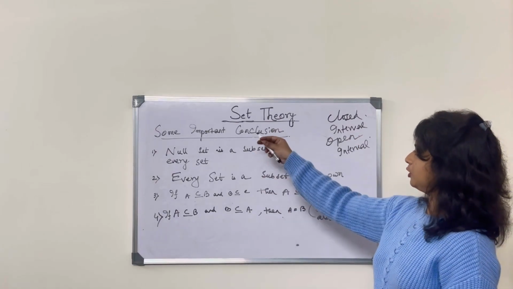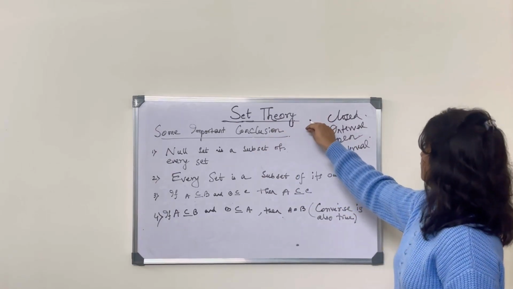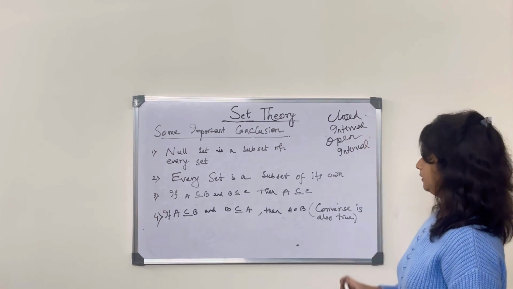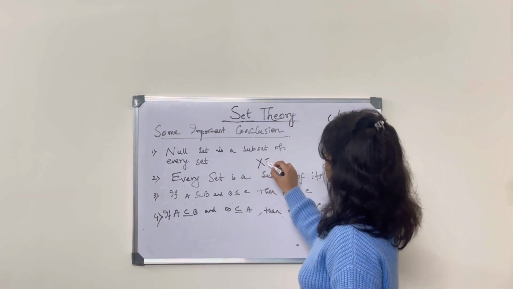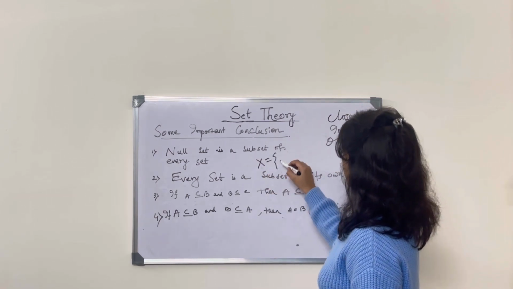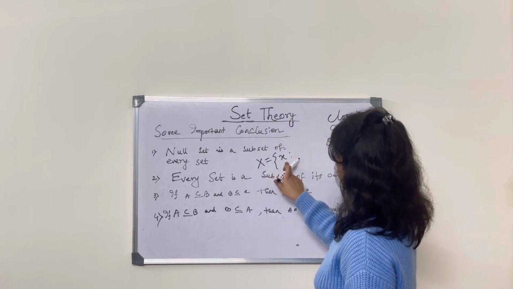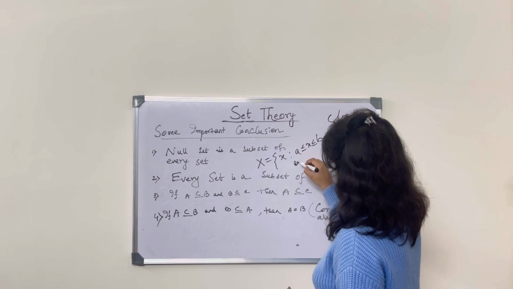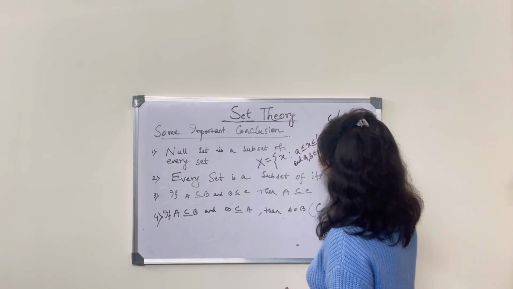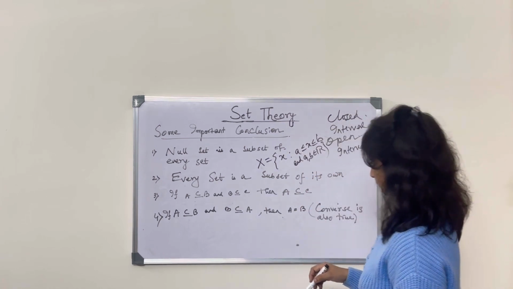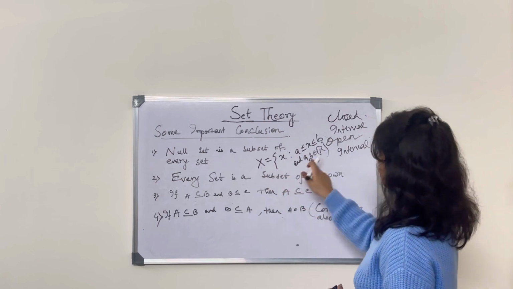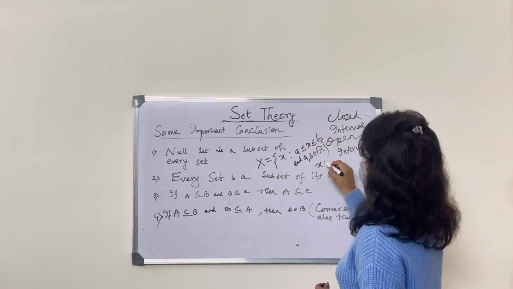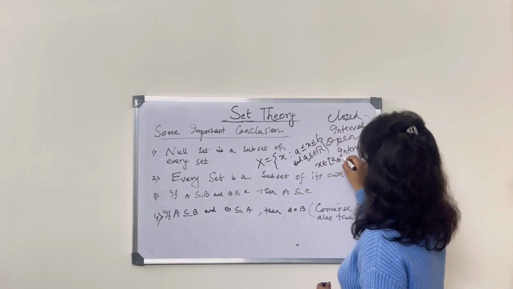Next, an important conclusion of set theory. Before that, we have to know about closed interval and open interval. So our set X is called a closed interval if every element of the set X is such that a ≤ x ≤ b, and a, b belong to the set of all real numbers. We will denote this closed interval like x belongs to [a, b].